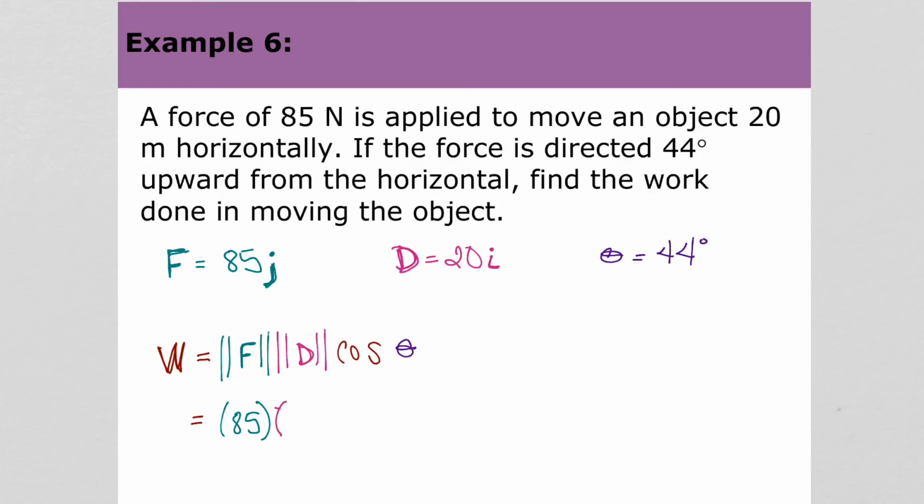And the magnitude of D would be the square root of 20 squared, or 20. Then times the cosine of 44 degrees. You put that in your calculator and you get 1,223, and we call that Newton meters because we've multiplied the newtons and the meters. So the work done is 1,223 Newton meters. And that concludes this section.